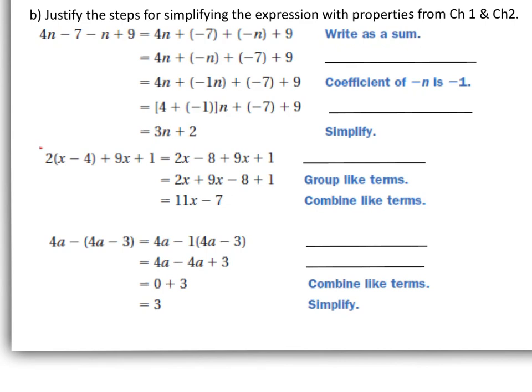Part B. In this part, I'm going to justify the steps for simplifying expression with properties from chapters 1 and 2. So let's begin with 4n minus 7 minus n plus 9. I could rewrite this as 4n plus negative 7, plus negative n plus 9.